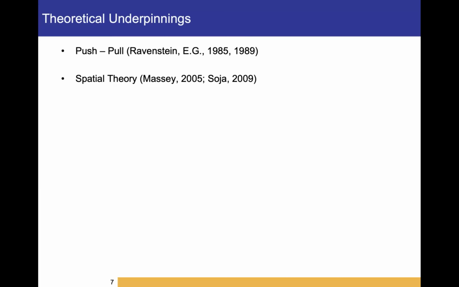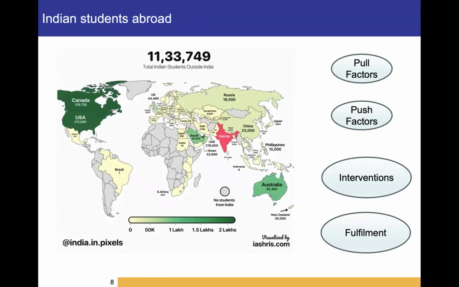And the spatial theory is also very interesting when trying to understand internationalization at home, because of the concept of people being in the same space together, of the global mingling with the local and leading to better interaction of international students with domestic students, whether it is students going from India abroad or coming from abroad to India. It provides a very good theoretical framework. For the purpose of developing the model, and for testing its validity before launching it on a bigger data bank, we looked at the push-pull theory to start with.